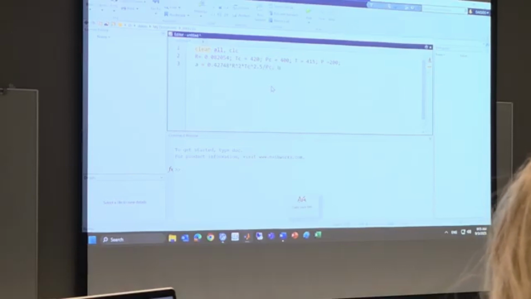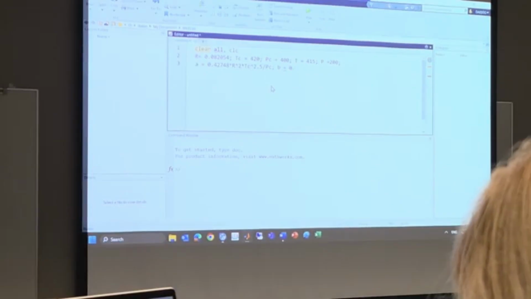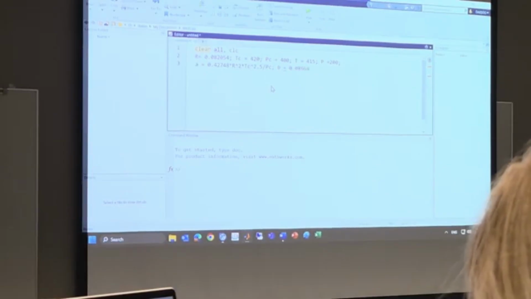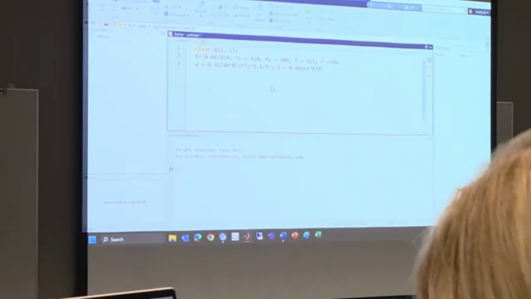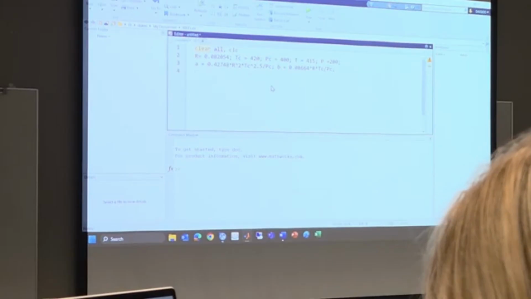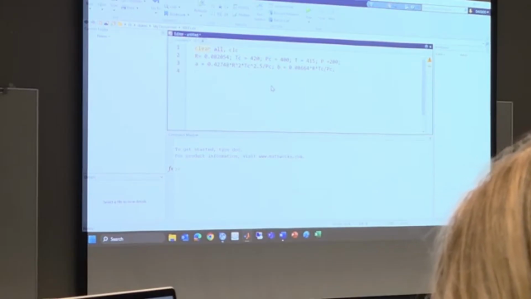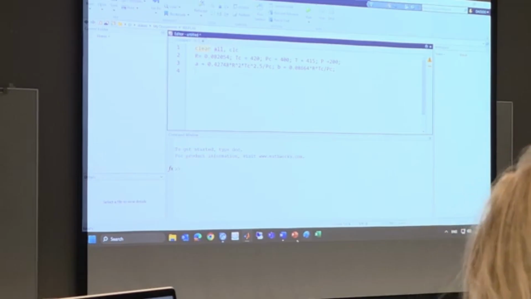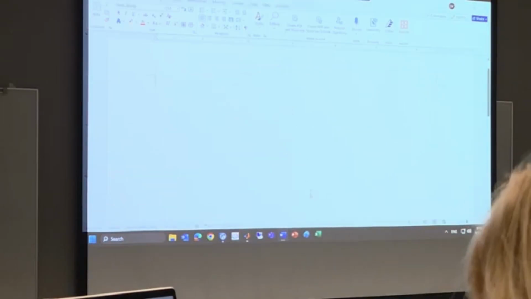We have the B variable: 0.08664 times R times TC divided by PC. We are looking for V, but let me write down the equation.